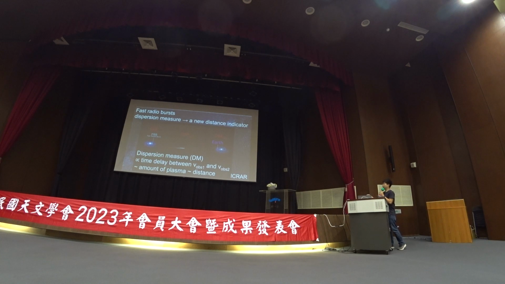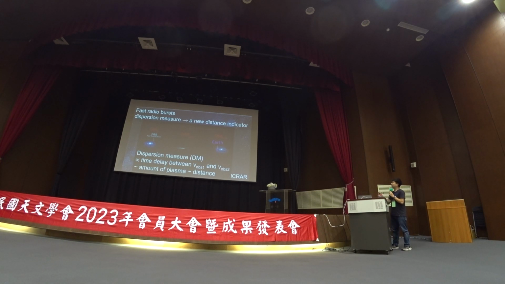So if the plasma is large, or the distance is large, the DM will be large. When there is a lot of plasma for the radio to go through, it will cause the time delay to be large. So DM is proportional to time delay, the amount of plasma, and the distance.